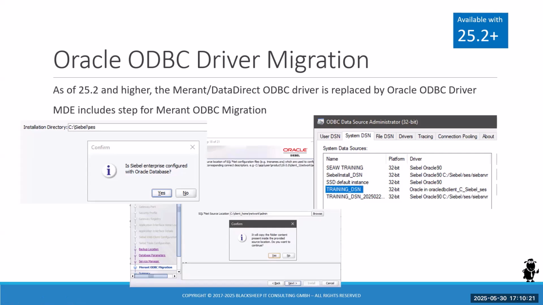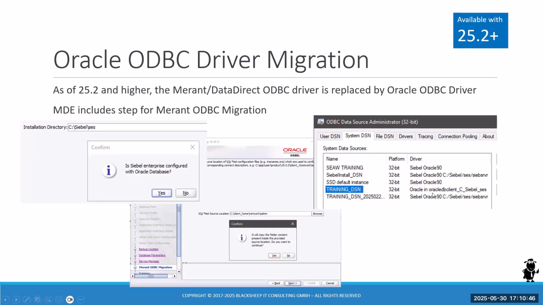You did have to install an Oracle 32-bit client if you run Siebel on Oracle, and of course you have to have an ODBC client for SQL Server and so on. But since 25.2, Siebel brings its own Oracle client in a directory.